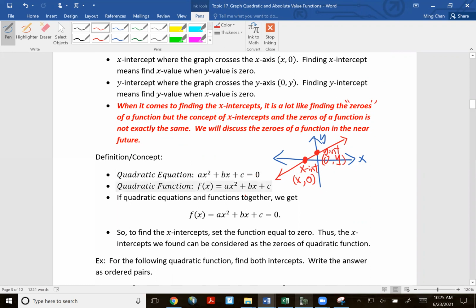That's the equation part. The graphing part is f of x equal to that. So when I put the two together, right? What that means is to find the x-intercept, we literally set the function equal to 0. Thus, the x-intercept we found can be considered as the zeros of the quadratic function as well.